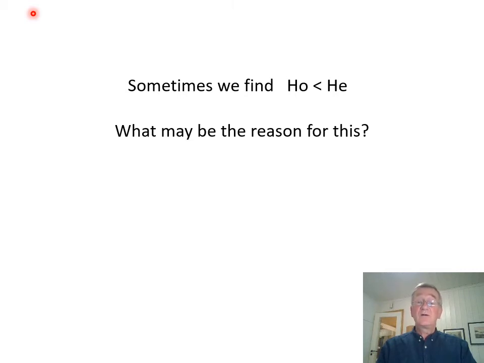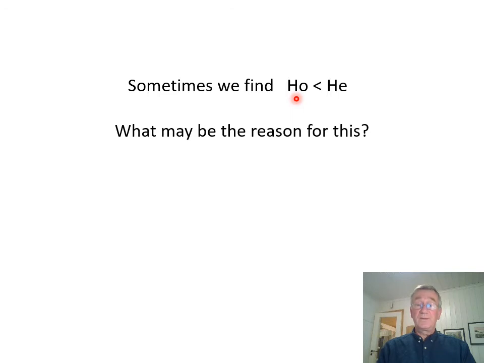So we count more homozygous than heterozygous, and the observed heterozygosity will be less than it actually should be. So one possibility is that these null alleles give the wrong impression of a lot of homozygotes.